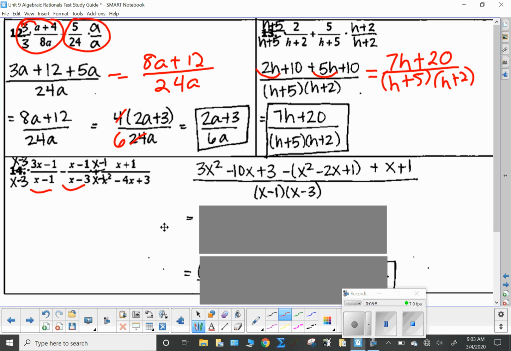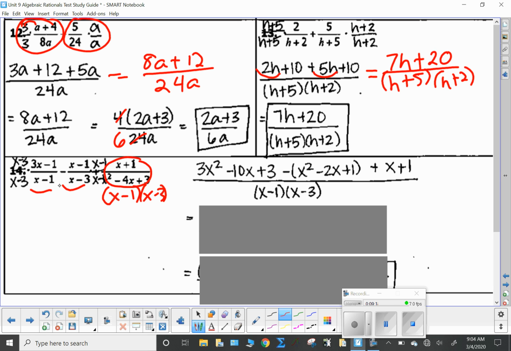I'm going to pause this for a second because I can't read quite over the writing to make sure that there's something else. Oh, I see what it is. Okay, this was x squared minus 4x plus 3. So this was x minus 1 times x minus 3. So this one right here is fine as is. So I just leave the x plus 1.